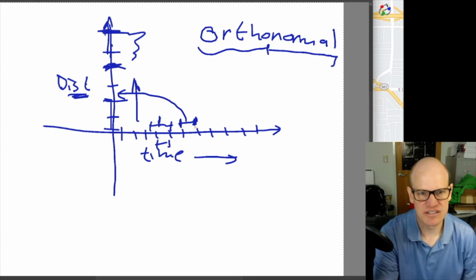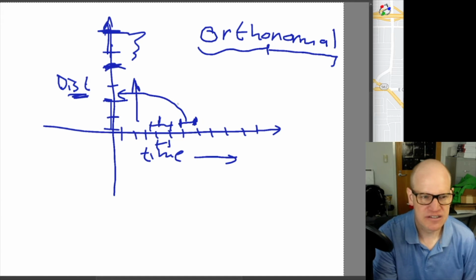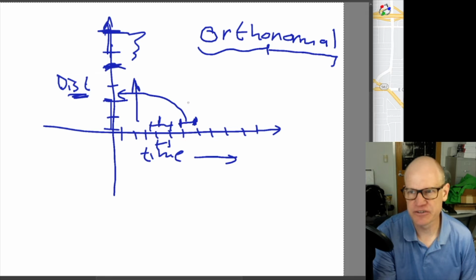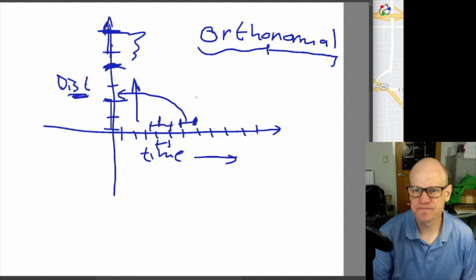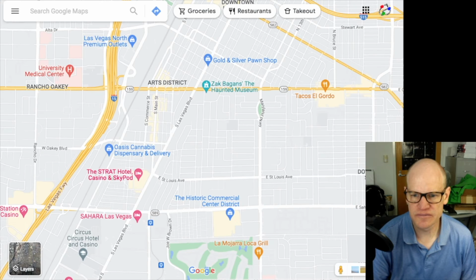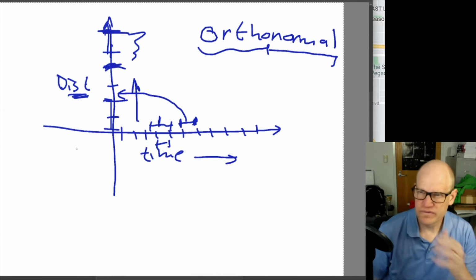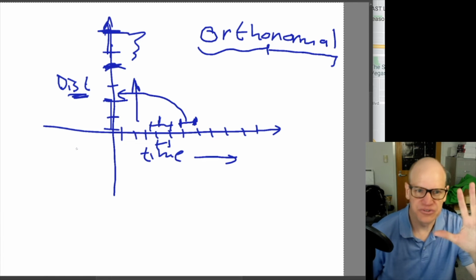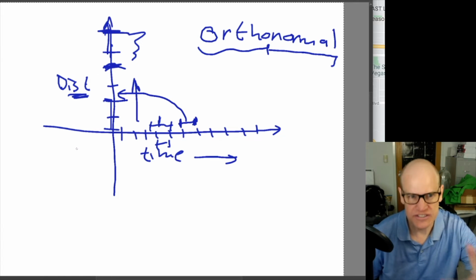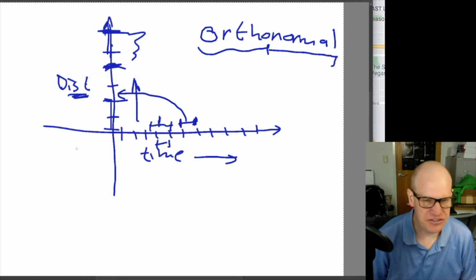So that is some of the things about when you're making a graph, which is what this chapter is about, making graphs. What it means to put something on the coordinate system, what the coordinate system represents, those are all things to consider.